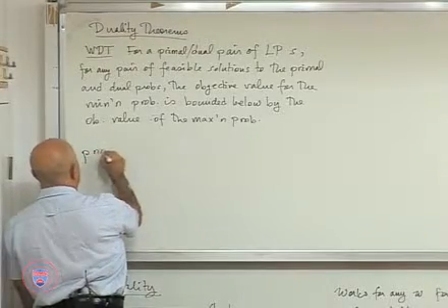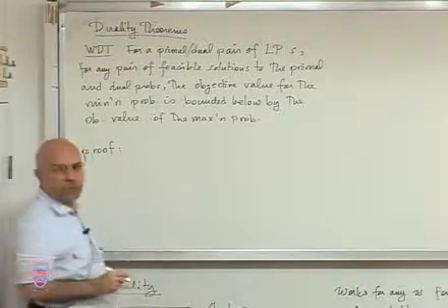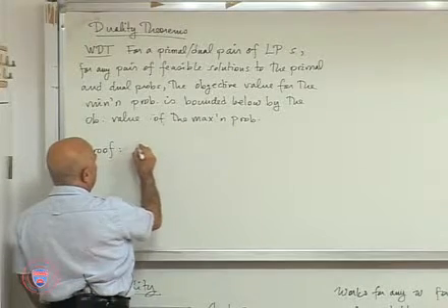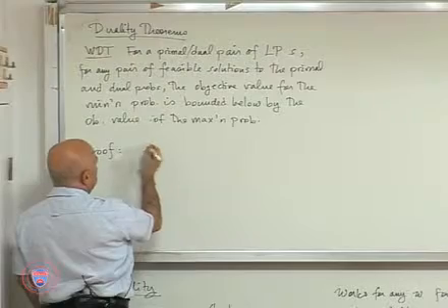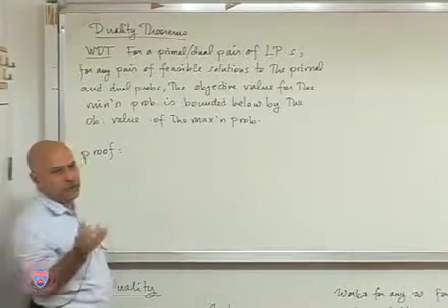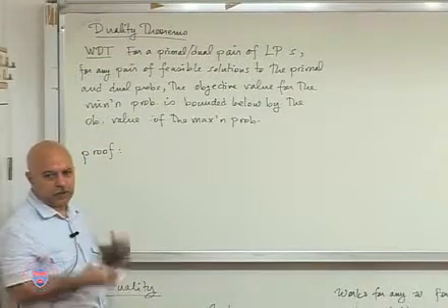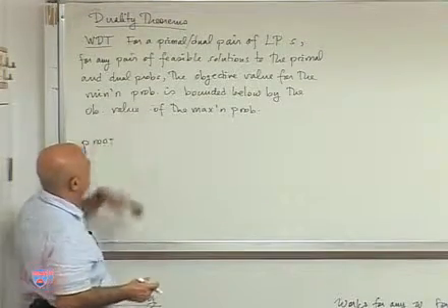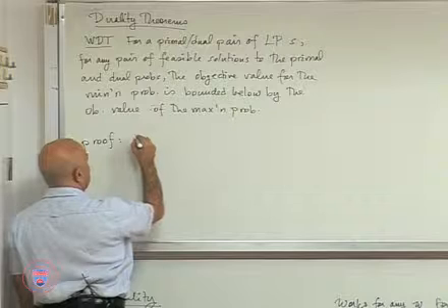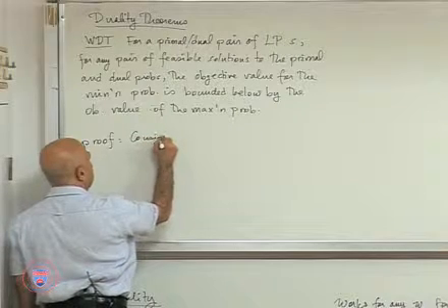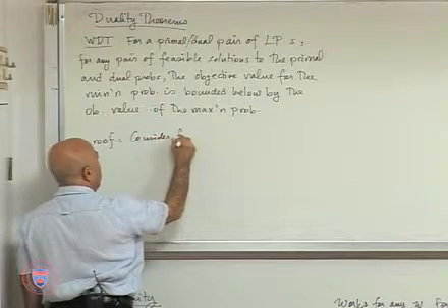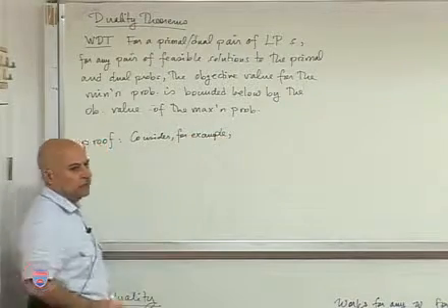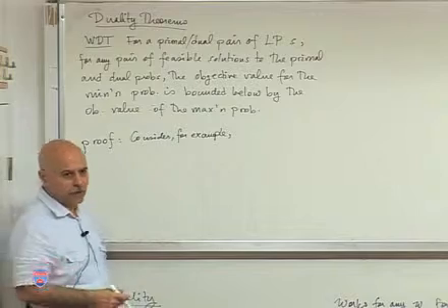So let's see how we can prove this. I'm going to work out the proof only for a specific case of primal dual pair because the general case works for any pair. Nevertheless, let's just consider an example pair. You should be able to also work it out for other pairs.